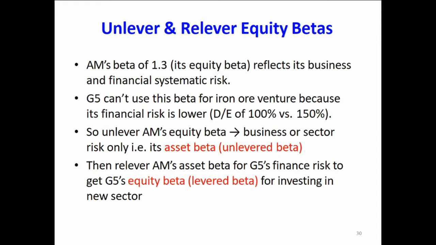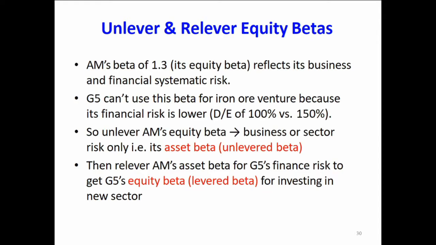This is ArcelorMittal's equity beta. It reflects ArcelorMittal's business and financial systematic risk. It is not appropriate for G5 to use this beta of 1.3 to evaluate the iron ore venture because ArcelorMittal has a different financial risk to G5, as can be seen from the differences in the debt-equity ratio.